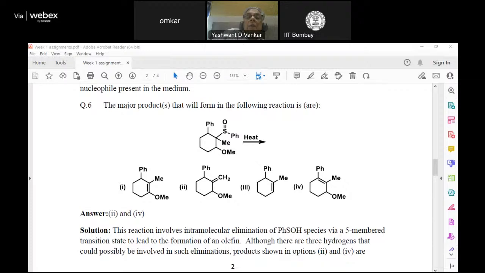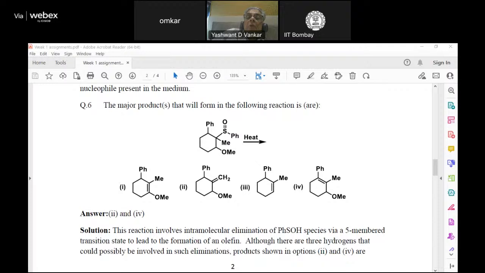And the other product is between elimination of this benzylic hydrogen versus this particular hydrogen. Both are tertiary. And if this hydrogen abstraction occurs, then you would get the product number 4, which, as you can see, is in conjugation with the phenyl ring.